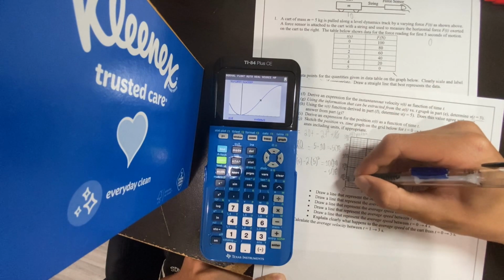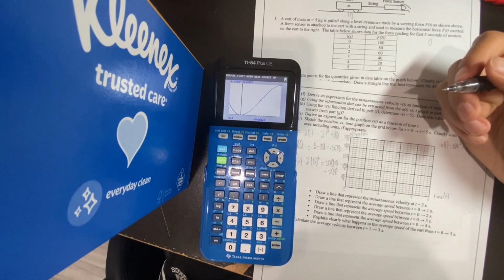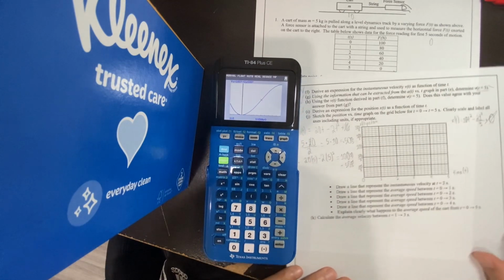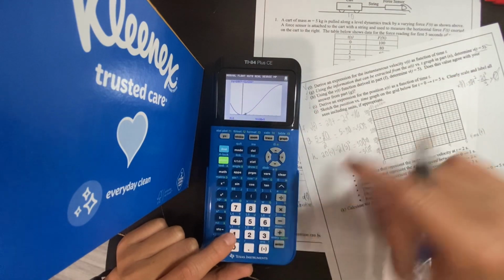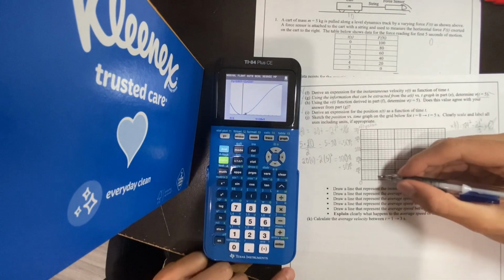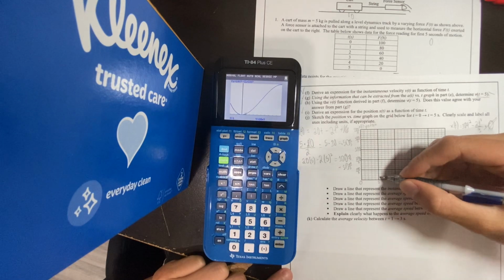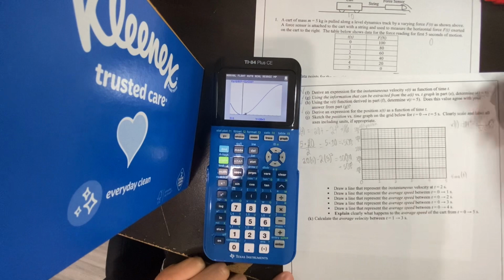And 100 over 3. So now we can just graph. At point 1, it's maybe 28. So we can just say it's about here is 25. So we'll just go a little bit above that.